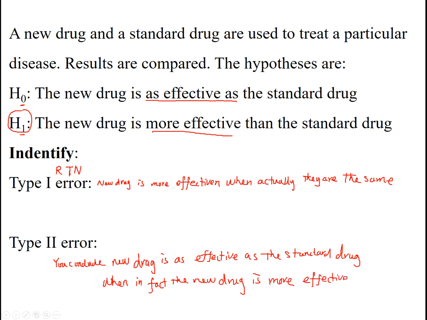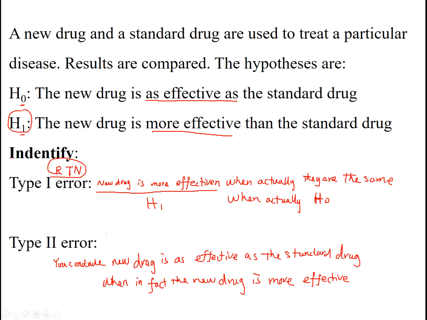So now here's the trick when I write it. When you have the type 1 error, you reject the true null, so that means you conclude H1. Copy H1 down here, just copy the whole sentence, when actually, copy down H0, okay? When actually H0 is true.